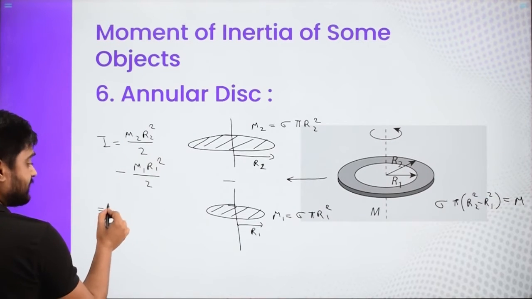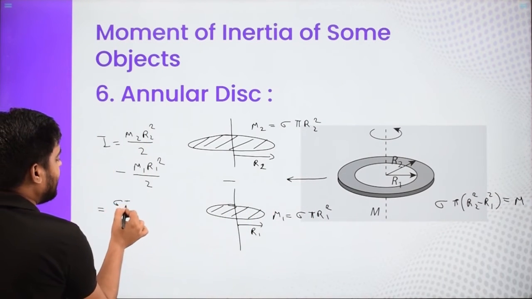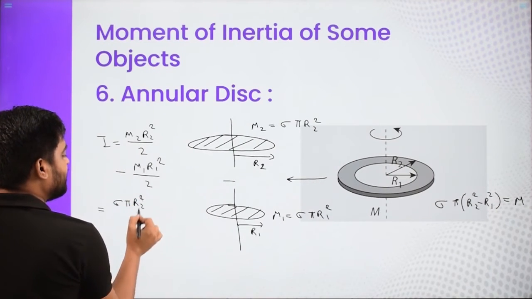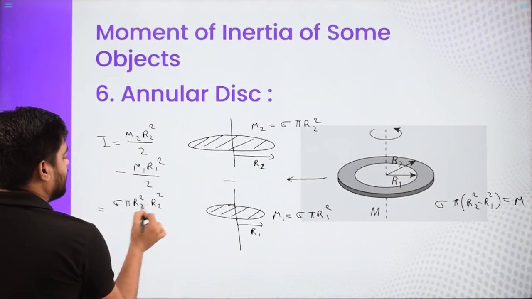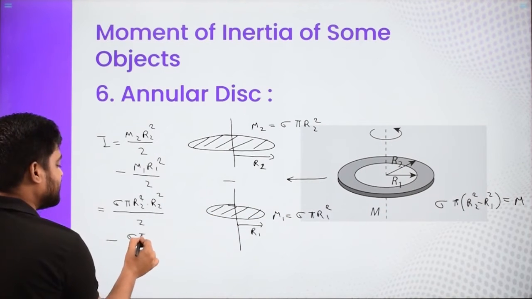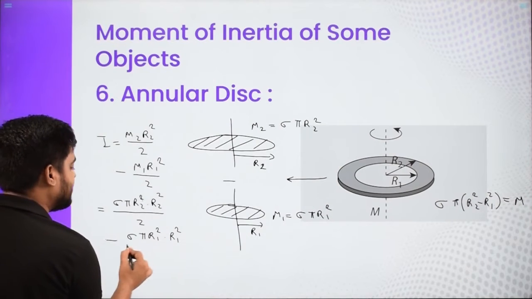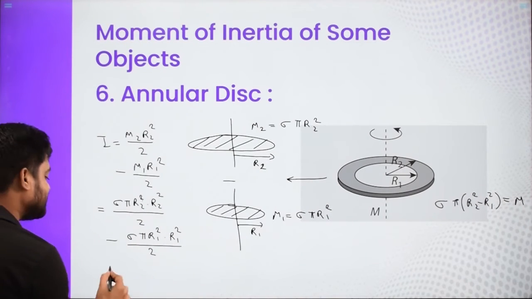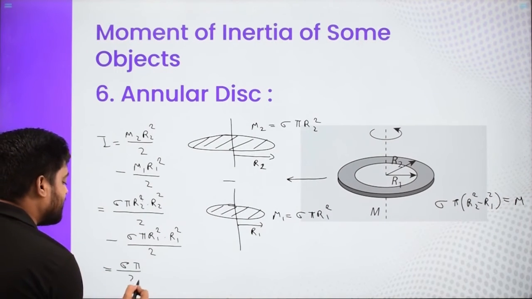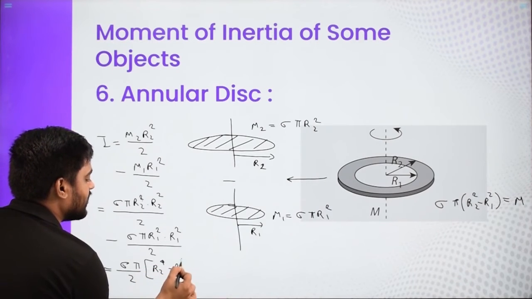What is m2? m2 is sigma pi R2 square times R2 square, which will make it R2 raised to 4 divided by 2, minus m1, which is sigma pi R1 square times R1 square, which will make it R1 raised to 4 divided by 2. Take things common and you will know that sigma pi is there in both the terms, divide by 2, and it gives me R2 raised to 4 minus R1 raised to 4.